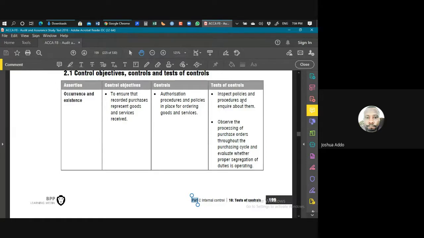You can also inquire from management about how these things are working. This is very commonsensical. We do some of these things every day without knowing we are doing auditing. We ask questions of people because we want to understand how something works. Yes, in auditing, that's an audit procedure.